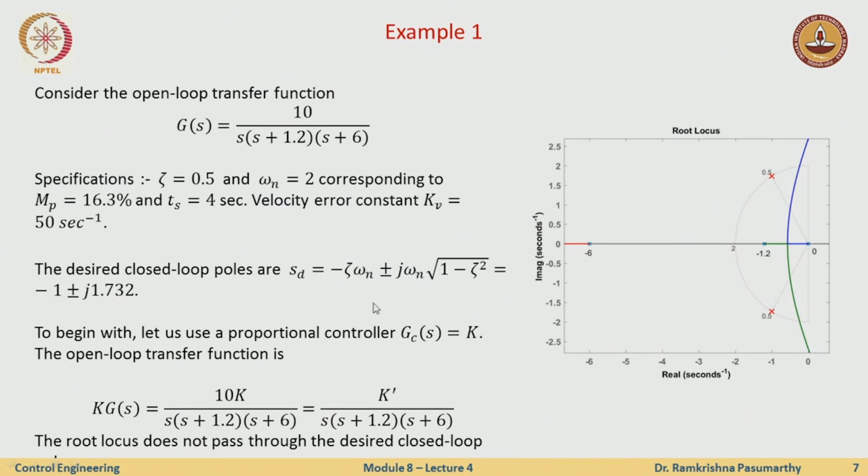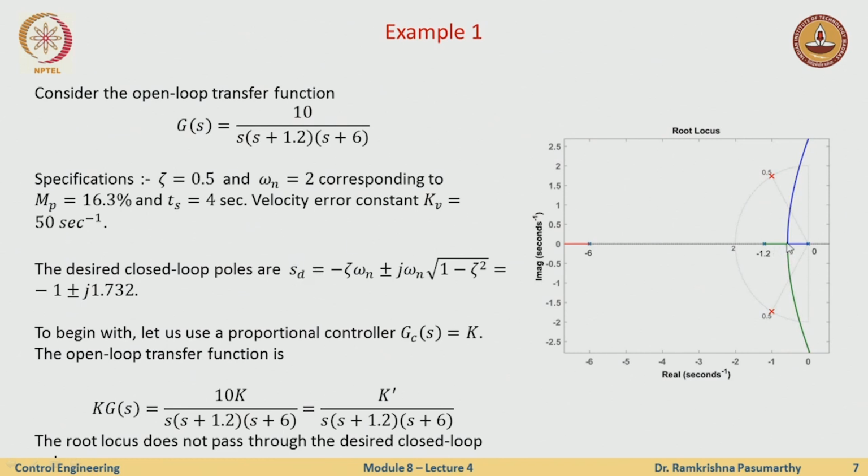As a first test to see what an appropriate compensator is, I plot the root locus of this plant and check if there is any gain k such that s_d lies on the root locus.